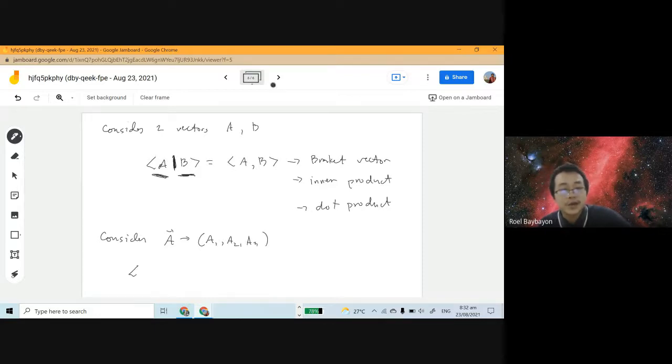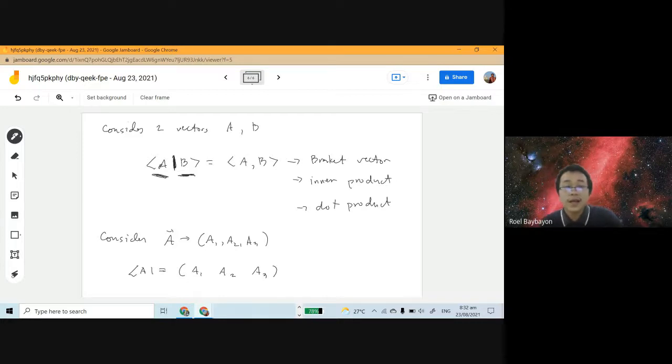Then the bra vector A can be written in terms of, not summation, but in terms of matrix. You can write this as A1, A2, and A3.